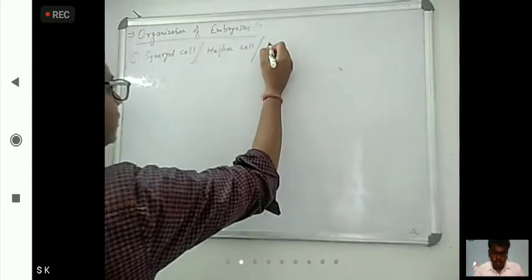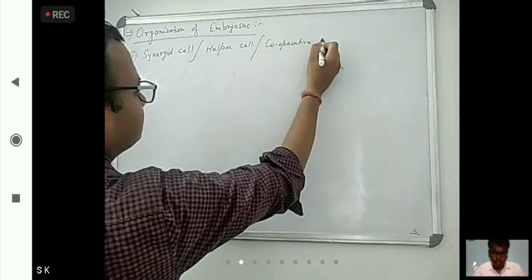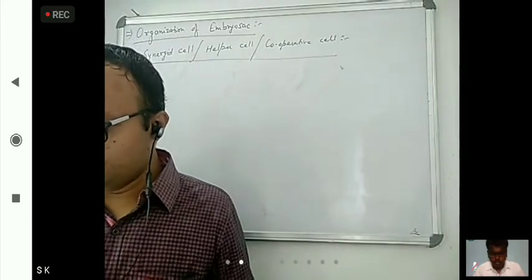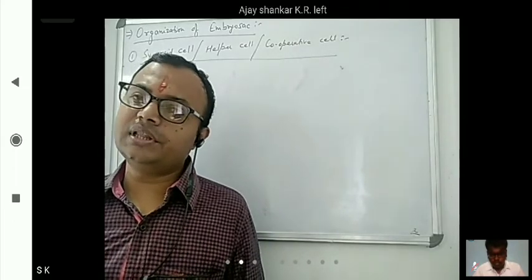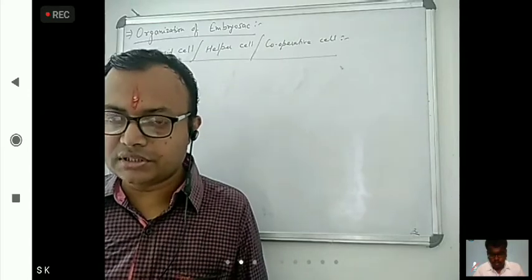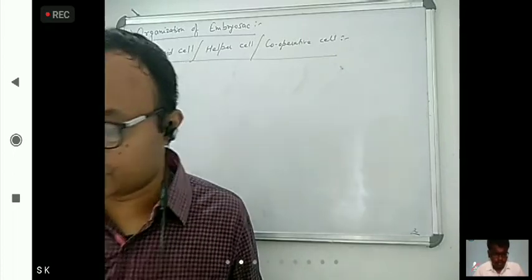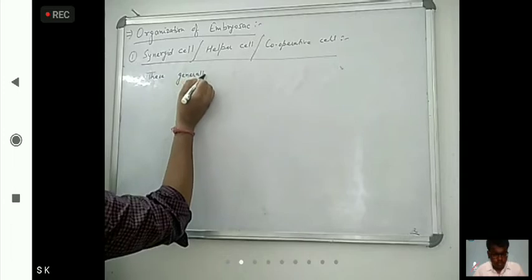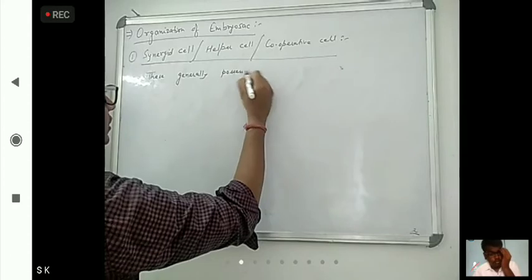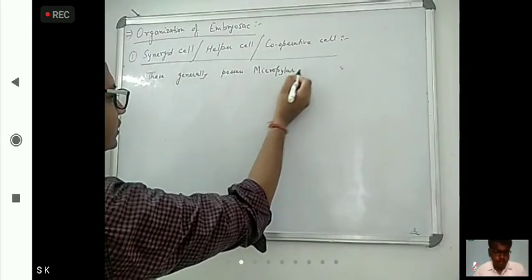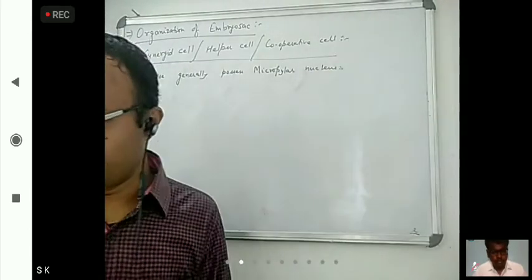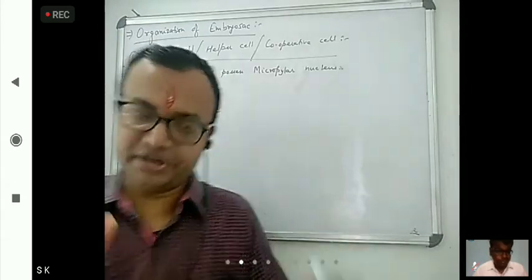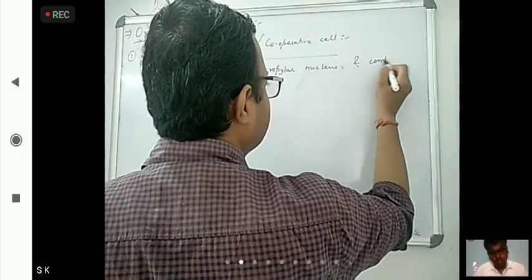Mostly they contain the micropylar nucleus, present towards the micropyle. They possess the filiform apparatus.